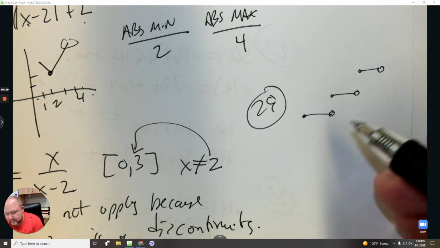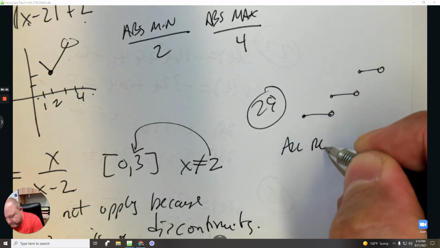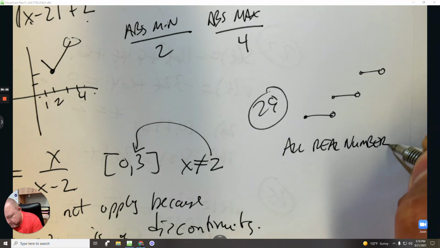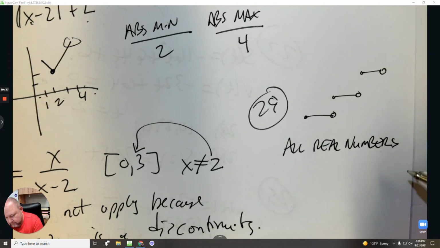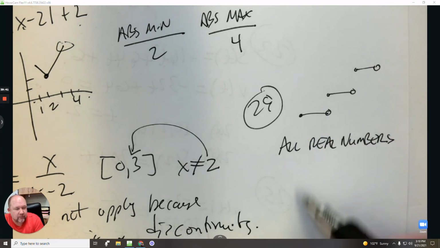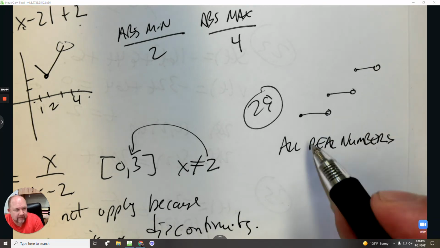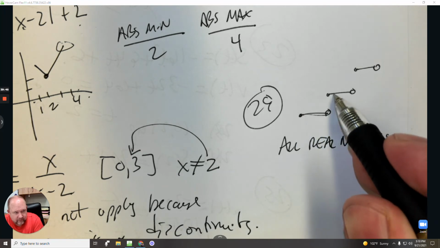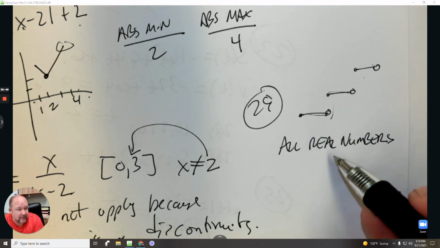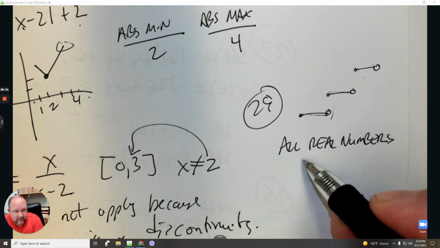So it's all the numbers, because the derivative is always 0, or we have a discontinuity, which would also be on the number line. So all the numbers would be on there, every real number.